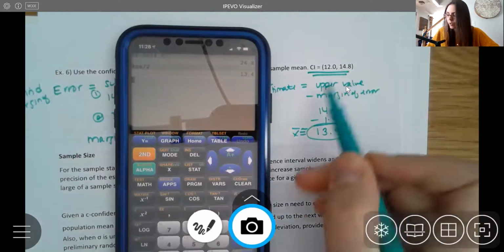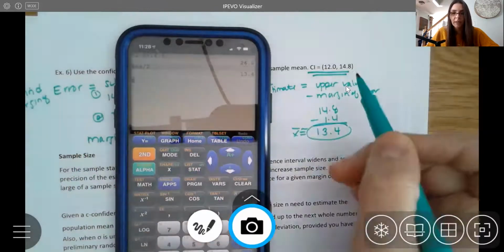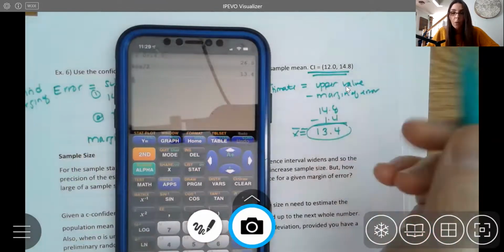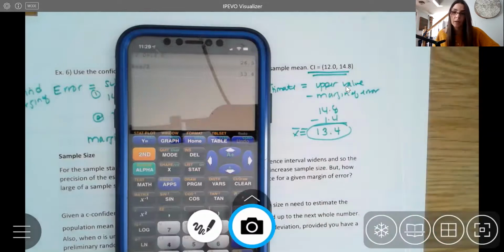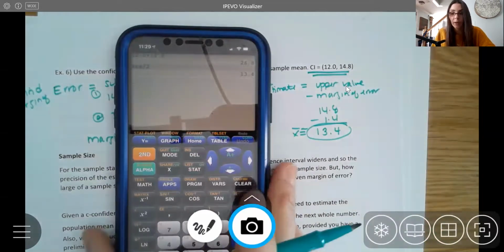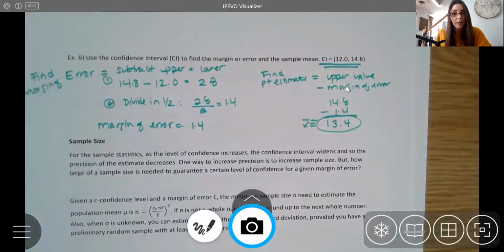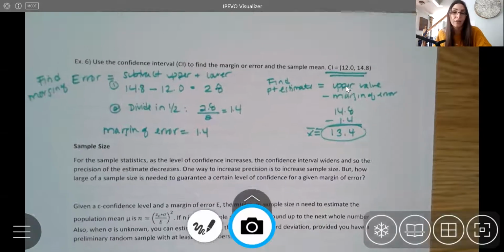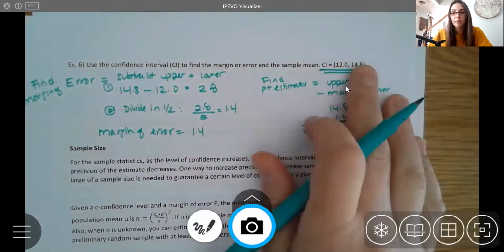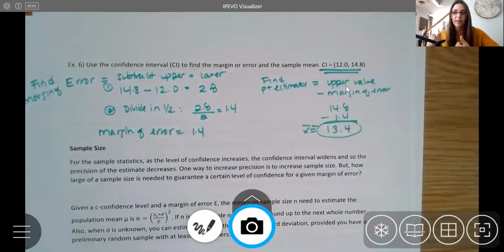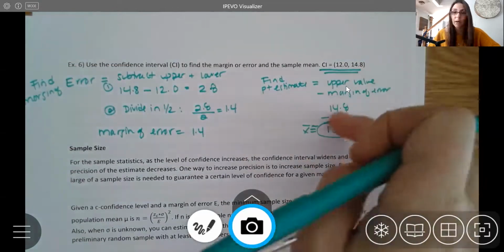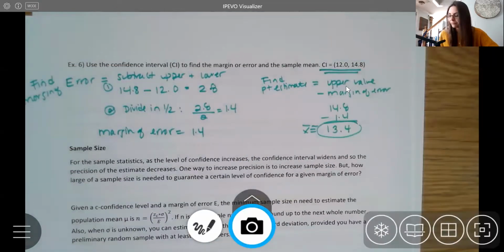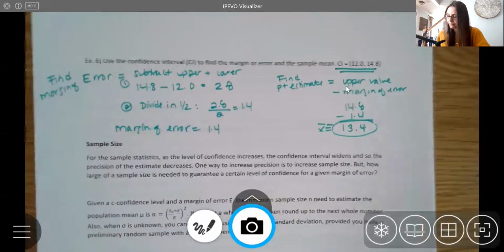You can use your error and either subtract it from the top or add it to the bottom, or you can just take the average of the upper and the lower. So three different ways that you could find that point estimate. But it's actually pretty quick to work backwards. If you're using technology to find that confidence interval, but then you also need to give your answers for the error and the point estimate, then working backwards may actually be faster. So just a little tip.